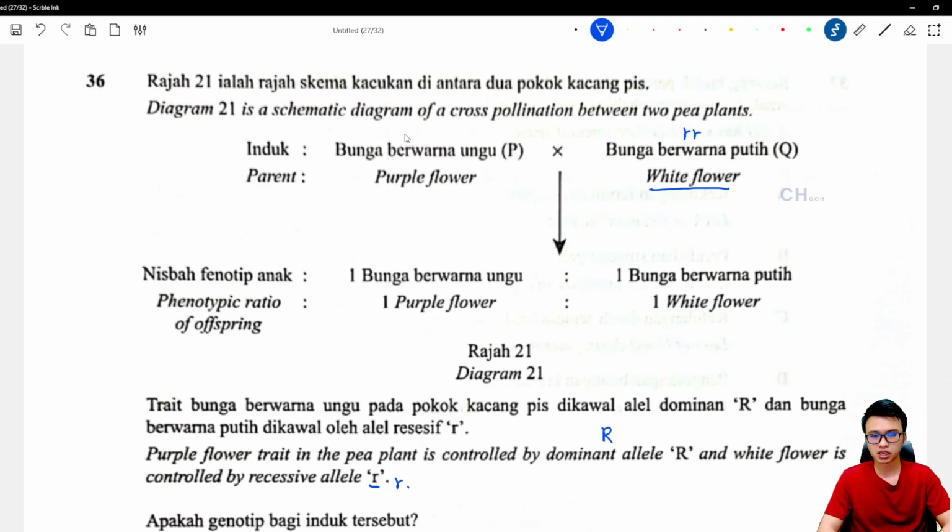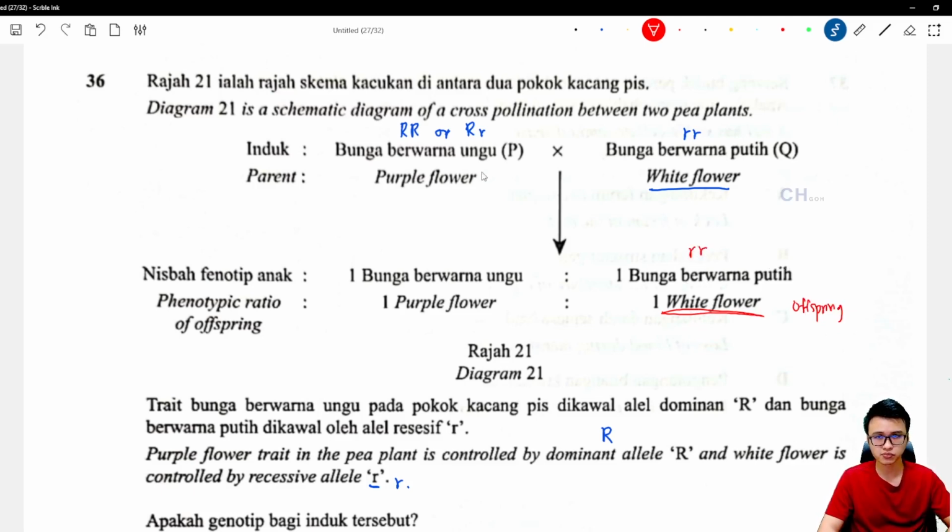But for the purple plants, it can have 2 possibilities: big R big R, or big R small r. Now the problem is, how can you produce the white flower as an offspring? We try to guess the genotype of the offspring. It must be 2 small r.